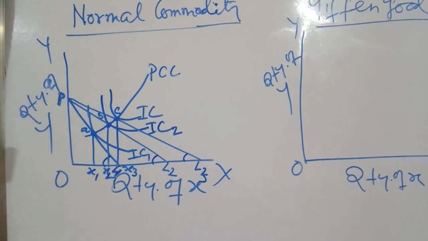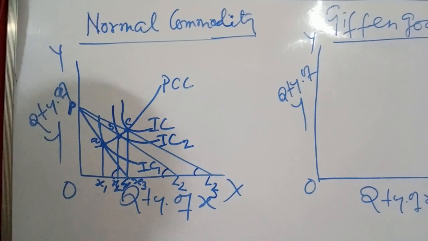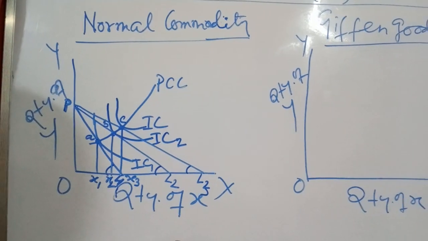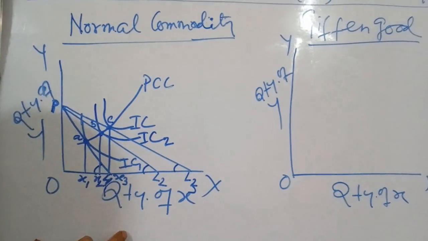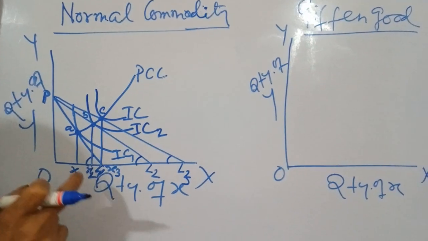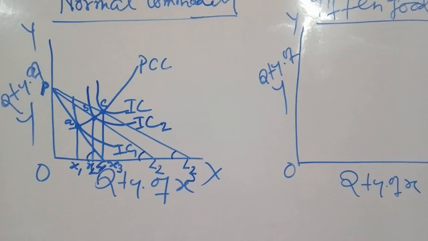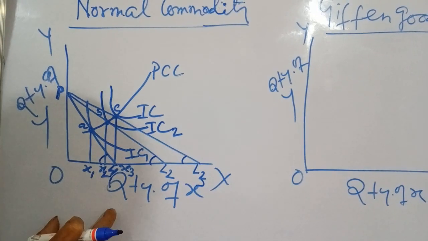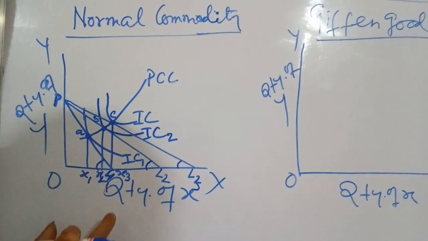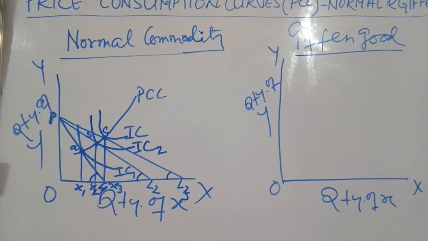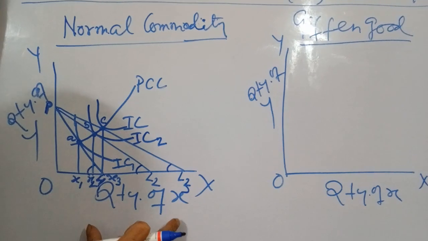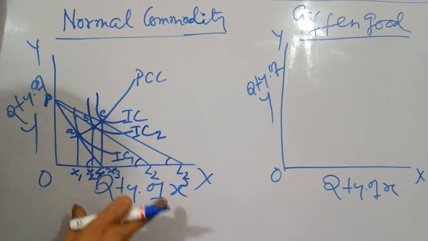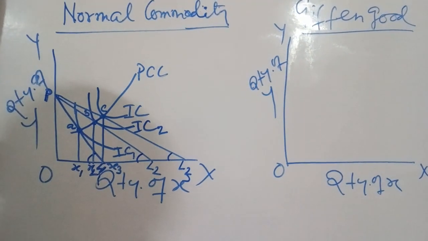Now notice, as the price of X falls, the consumer is increasing the consumption of X. That means here the law of demand is being followed. Fall in price is reacted to by an increase in consumption of that commodity.